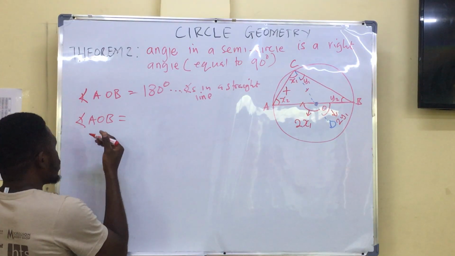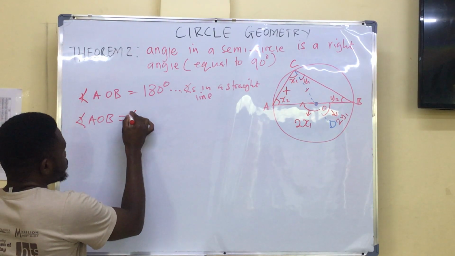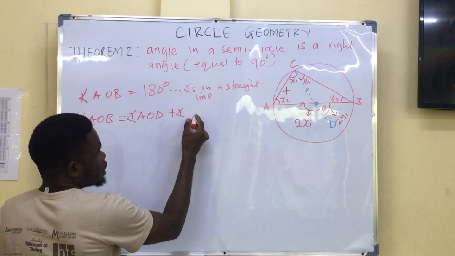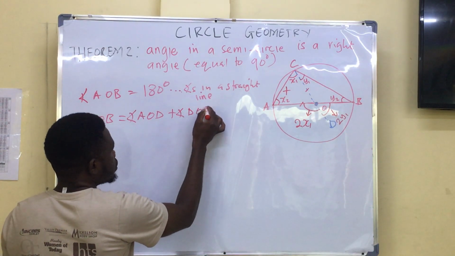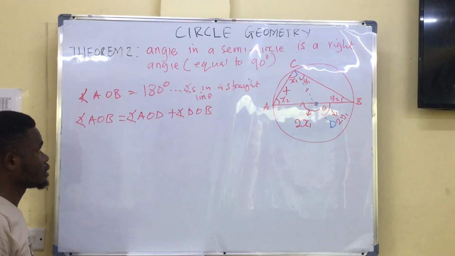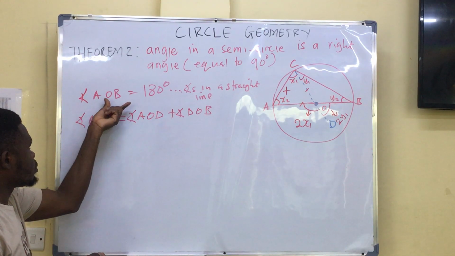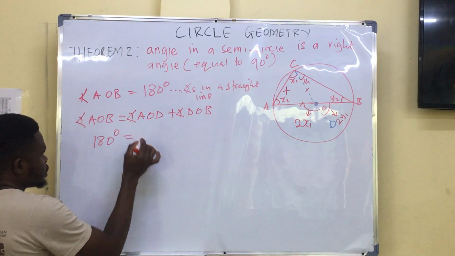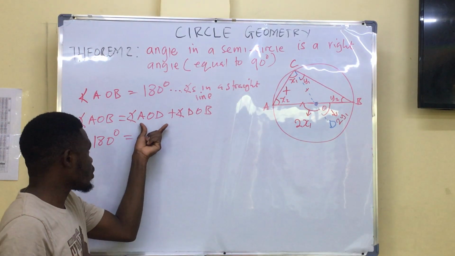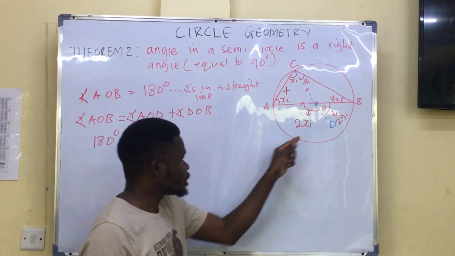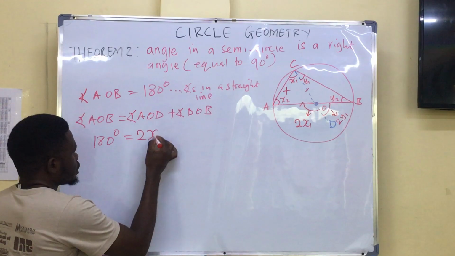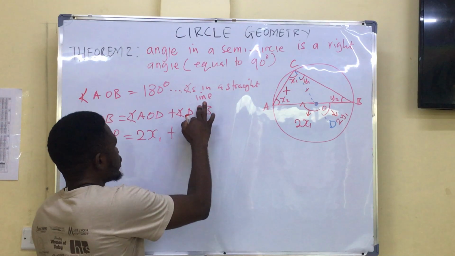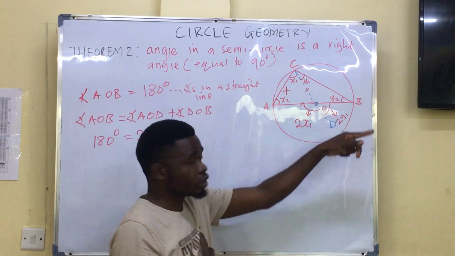So angle AOB is equal to angle AOD plus angle DOB. AOD is what? 2x1. Plus, what about the value of angle DOB? DOB is what? 2y1.